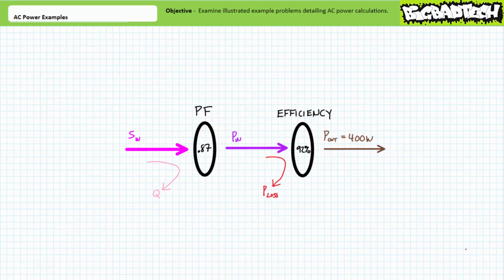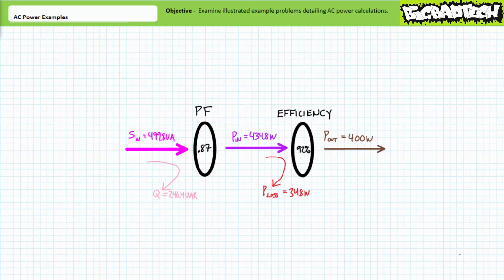Let's come at this from yet another direction. Consider a motor nameplate that explicitly states the motor produces 400 watts of real mechanical power output and has a 0.87 power factor and is 92% efficient. This means for the motor to yield the desired 400 watts of output mechanical power, it necessitates at least 400 over 0.92 or 434.8 watts of real electrical input, of which 34.8 watts is lost due to inefficiencies.